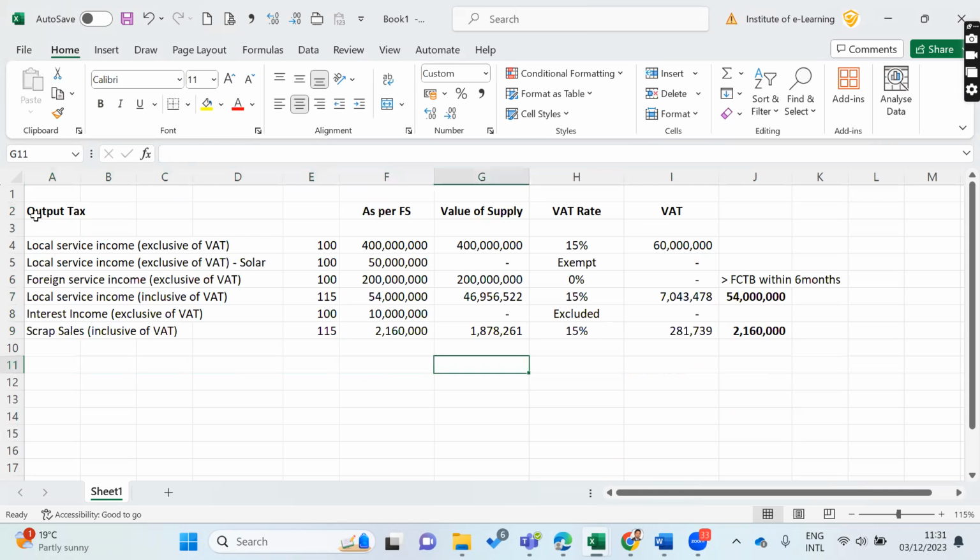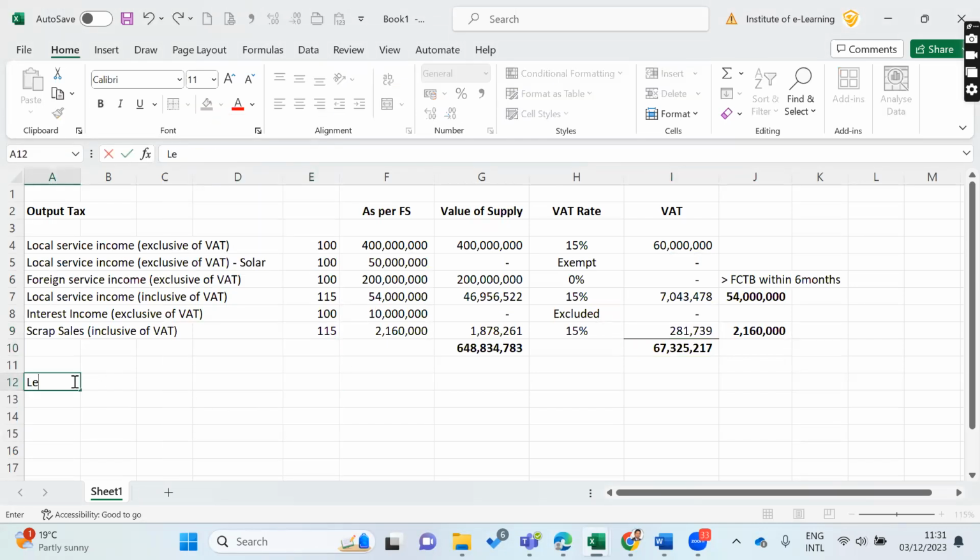Then if you want, you can total this one: this much would be the value of supply related to that, and this much would be your VAT component, right? Here then you can deduct input tax.